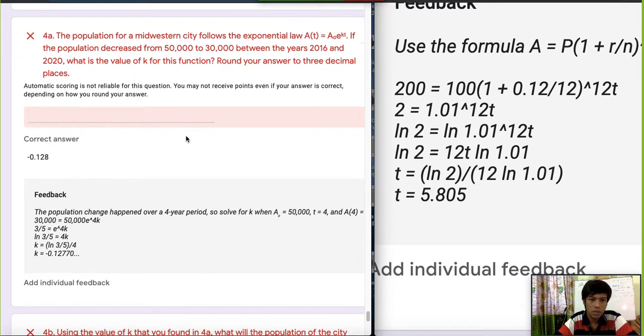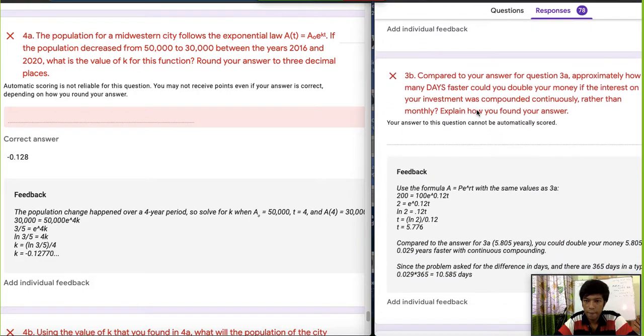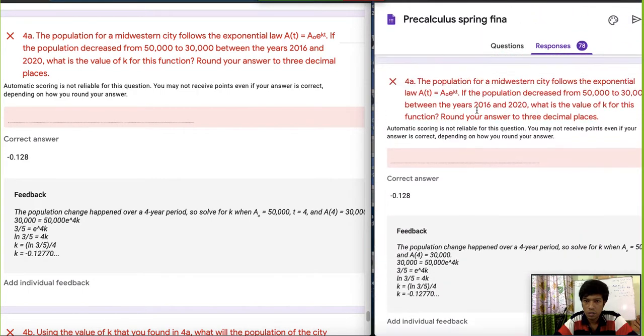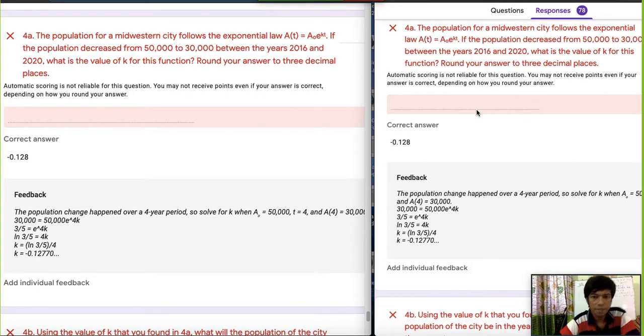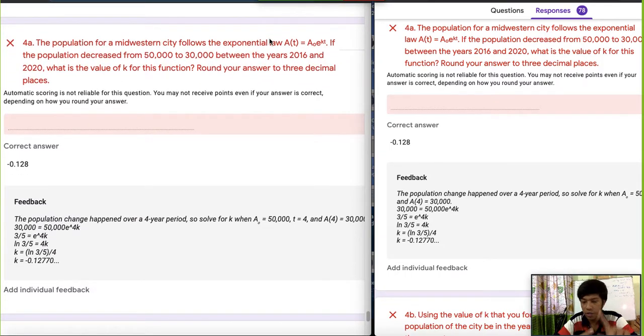Then this one is population in a city related. In this math, the function is given. I should make it clear: in the whole paper, you will notice that there are two formulas you have to give from yourself, other than the quadratic formula, in all the questions from sections 1, 2, 3.